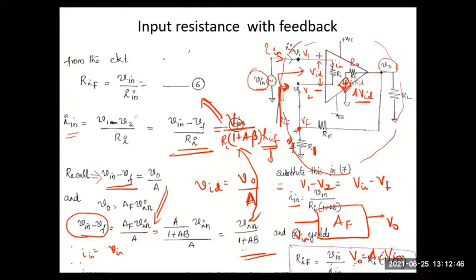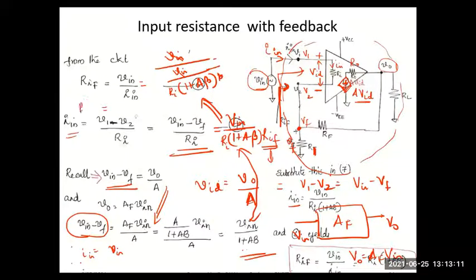I'll get Vin divided by, what is the value of Iin? Iin is Vin by Ri into 1 plus A beta, right? So if this Vin cancels out, what is left?